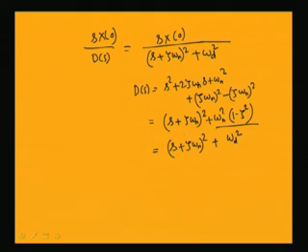So, I have to find the inverse Laplace of this term. So, the first term is x0 by s plus zeta omega n whole square plus omega d square.